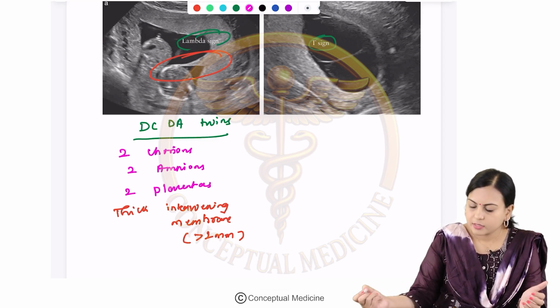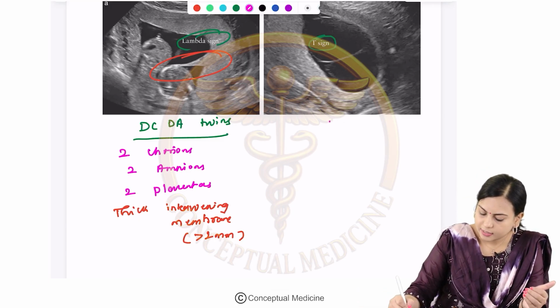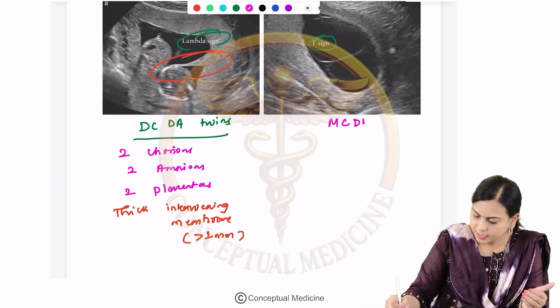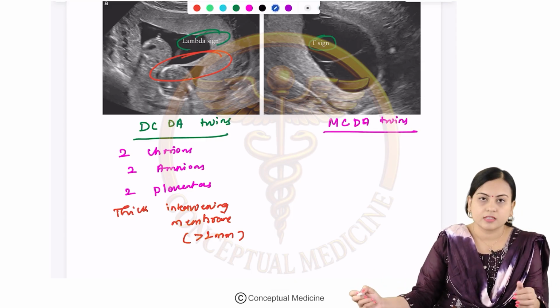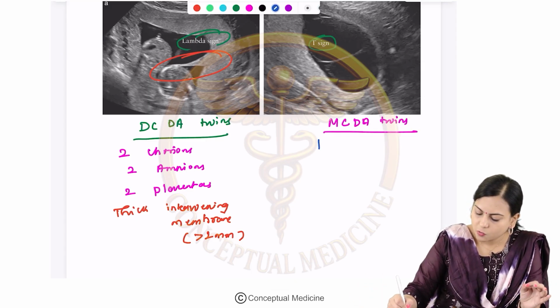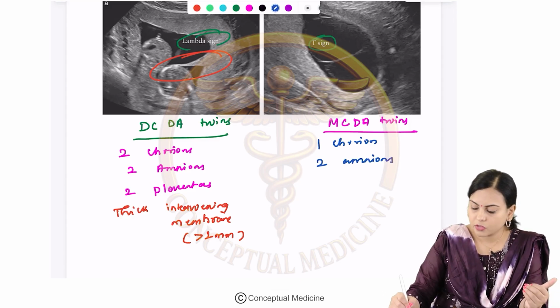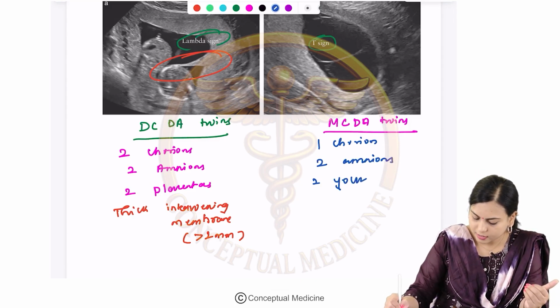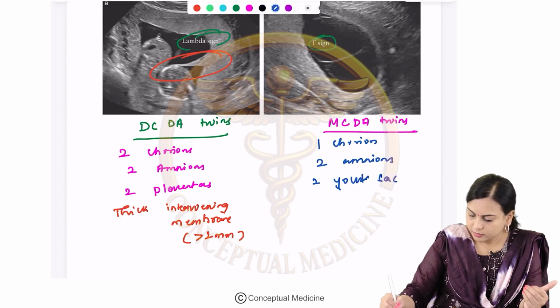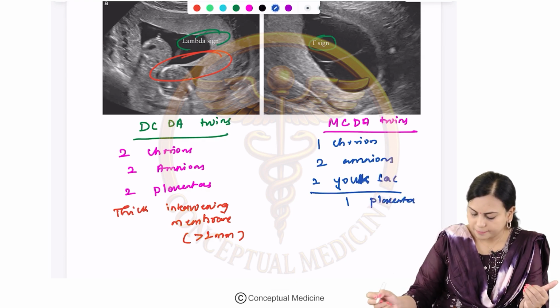Whereas the T sign is mostly seen in MCDA twins. You will have 1 chorion and 2 amnions, developing from 2 yolk sacs, and they have 1 placenta only.